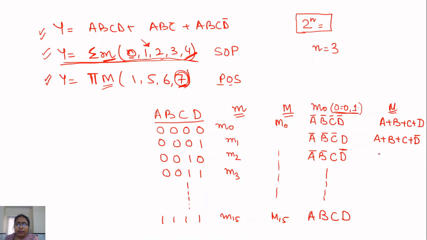In min terms 0 will be complemented, in max terms 1 will be complemented. So it is A plus B plus C plus D bar, and so on. So 1 will be complemented. So it is A bar plus B bar plus C bar plus D bar, like this. Clear?